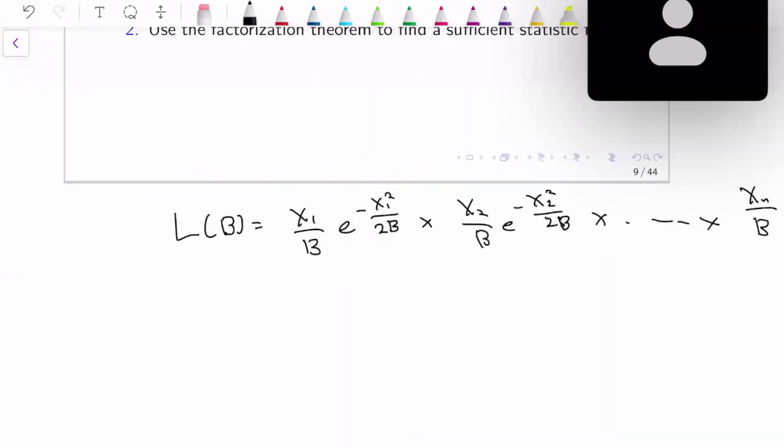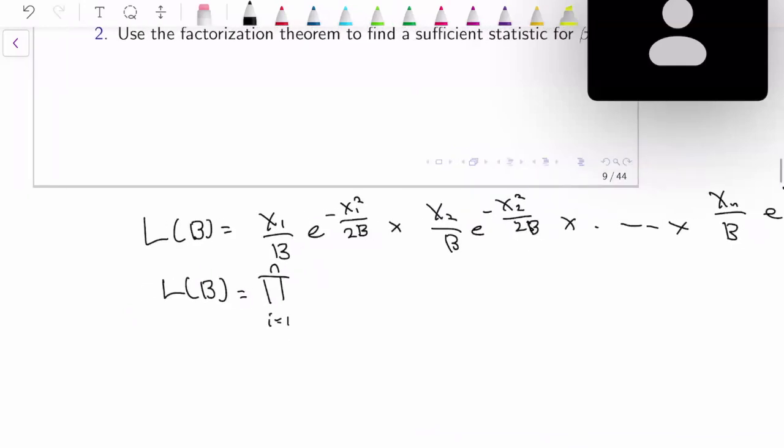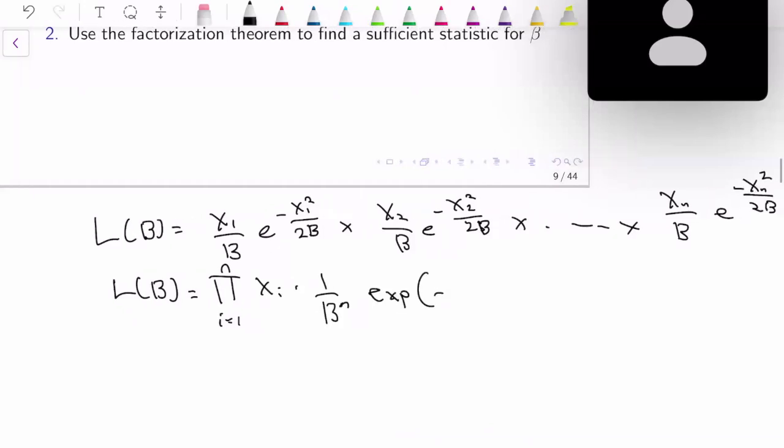If you just want to write the product, it will be the product of xi, times 1 over beta to the n, times the exponential of negative 1 over 2 beta sum of xi squared.